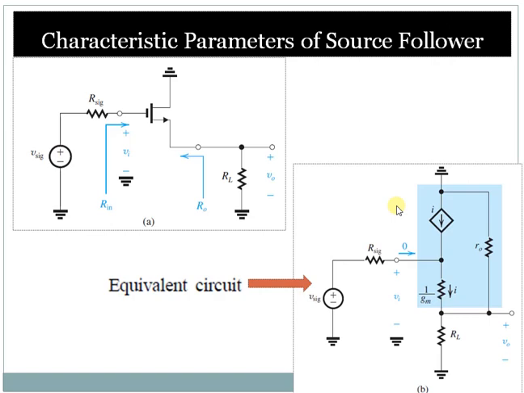So let us consider the figure shown in A, wherein we have considered a common drain circuit with a gate provided with the input signal via the resistance R signal, and a load is connected to the source terminal, and output voltage is measured across the load.